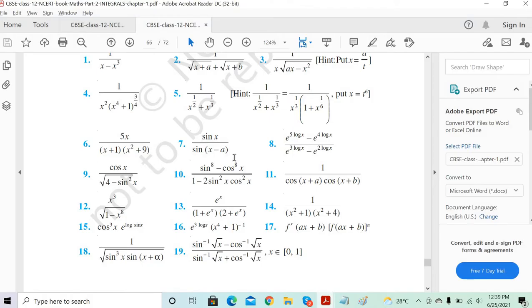Yeah, Vijay, you got the answer for the 7th one? Not yet, sir. Why? Where are you getting stuck? After substitution, I got the integration of cos A plus cos t, sin A dt, but I don't know what to do after this.